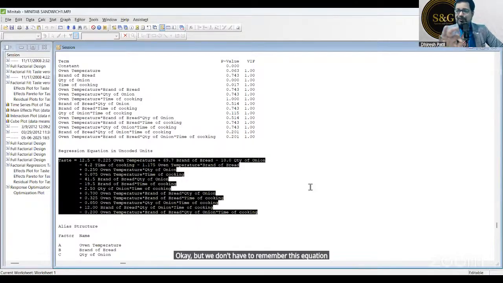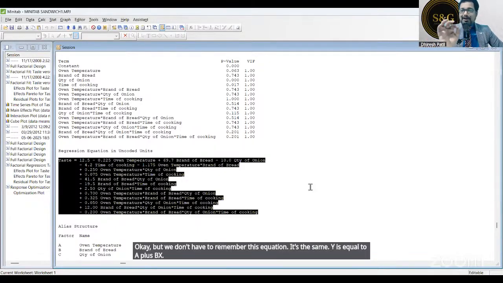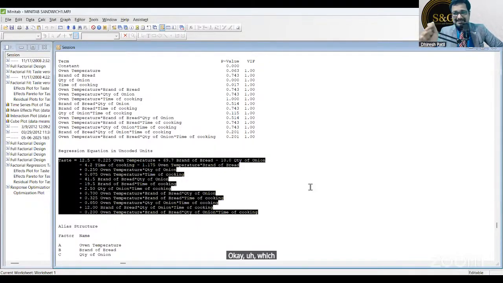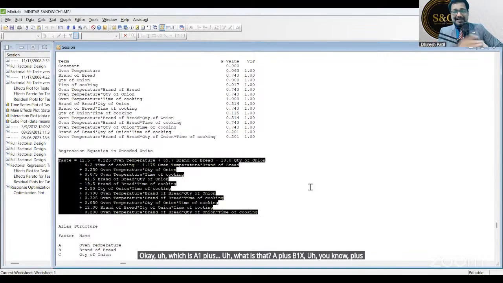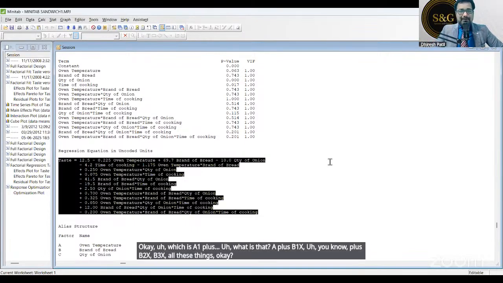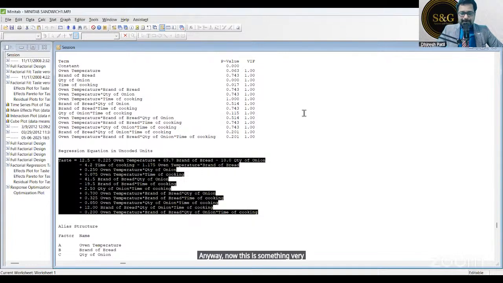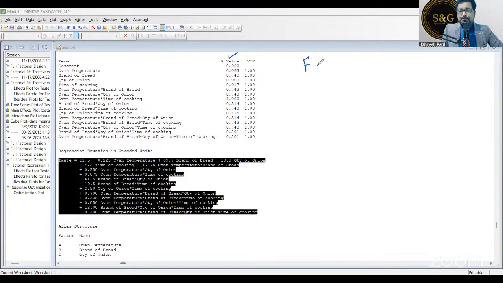It is the same: Y is equal to a plus bx, which is a plus b1x, plus b2x, b3x, all these things. Anyway, now this is something very interesting here. Just before we close, you can see here any factor's p value.